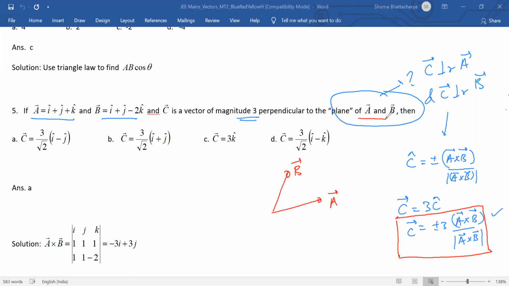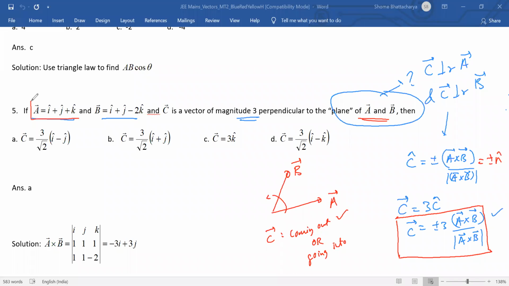C is perpendicular to the plane of A and B. So that means C is either coming out or going into the plane. Whereas A cross B is coming out. So A cross B's unit vector will be coming out of the plane. So this is that plus minus n cap, where n cap is like this.